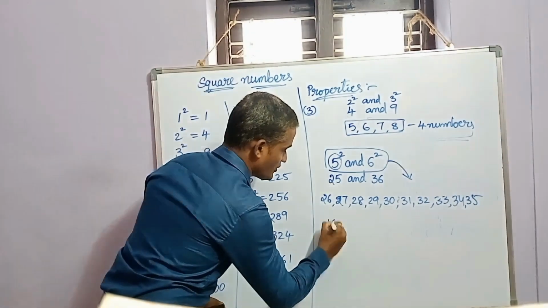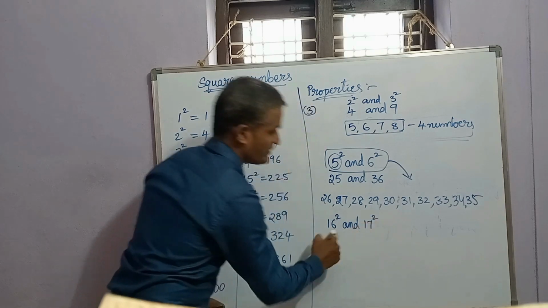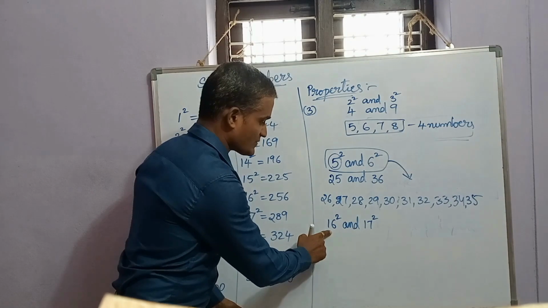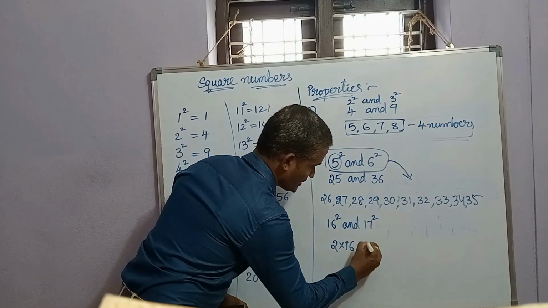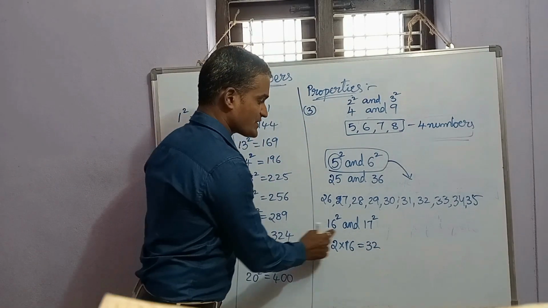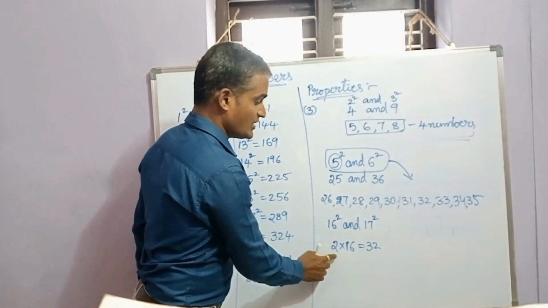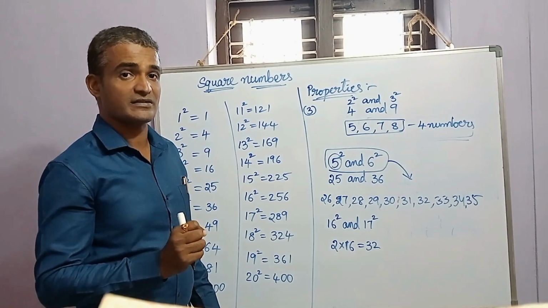Suppose I ask you 16 square and 17 square, in between them how many numbers are there? Here 16 is the smaller number, so double of 16, 2 into 16 will be 32 numbers. So between the squares of 16 and 17 you have 32 numbers which are compulsorily not perfect squares.